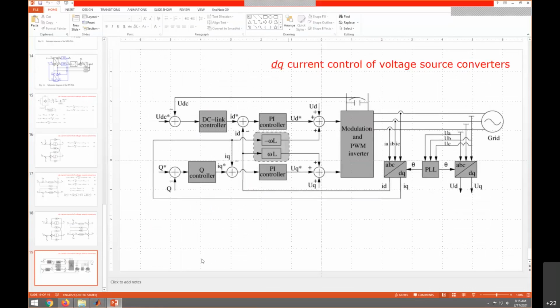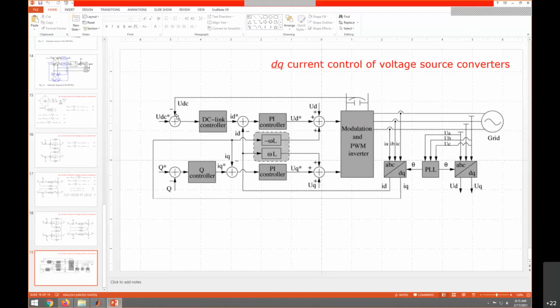The next step is to obtain the reference ID, IQs. So how do we obtain them? It is given here, right? Either we control this Q reference with the actual Q. Here we are operating at unity power factor, so we need to keep QS, or Q star, as 0 to obtain IQ star.